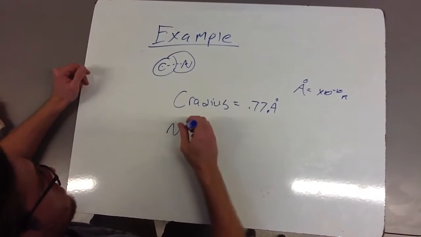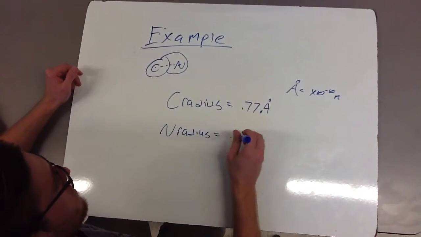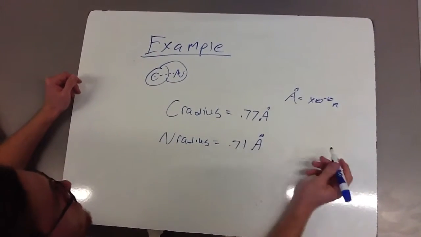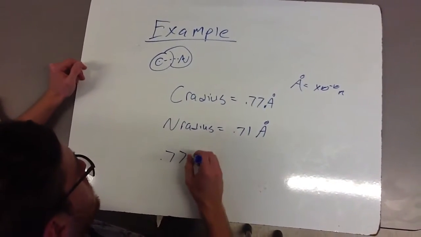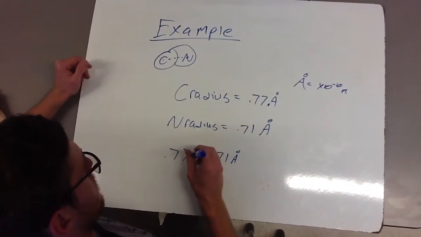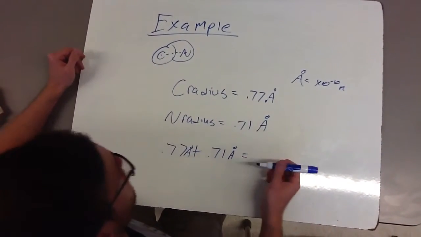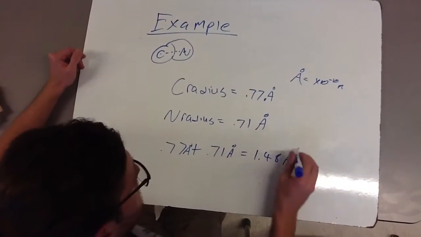And nitrogen's radius is 0.71 angstroms. And in order to find this bond length, all you need to do is add up the atomic radius of carbon and the atomic radius of nitrogen. And for your answer, you'll get 1.48 angstroms. Easy as pie.